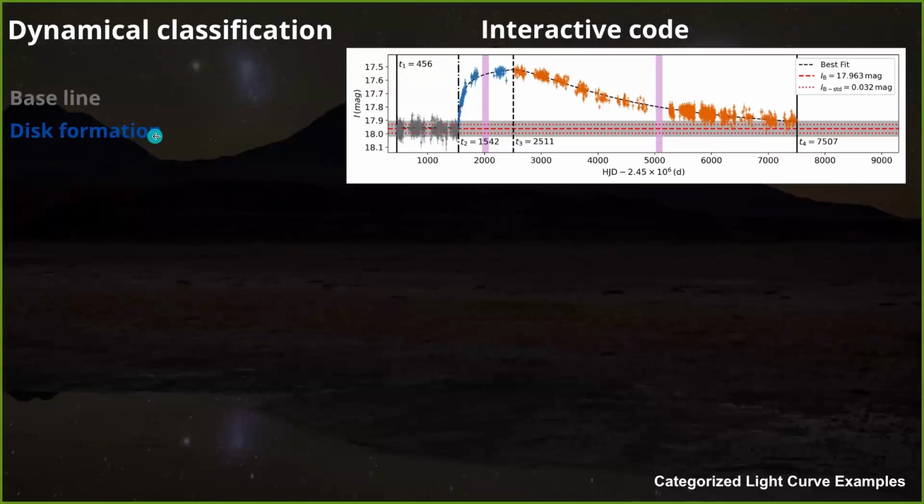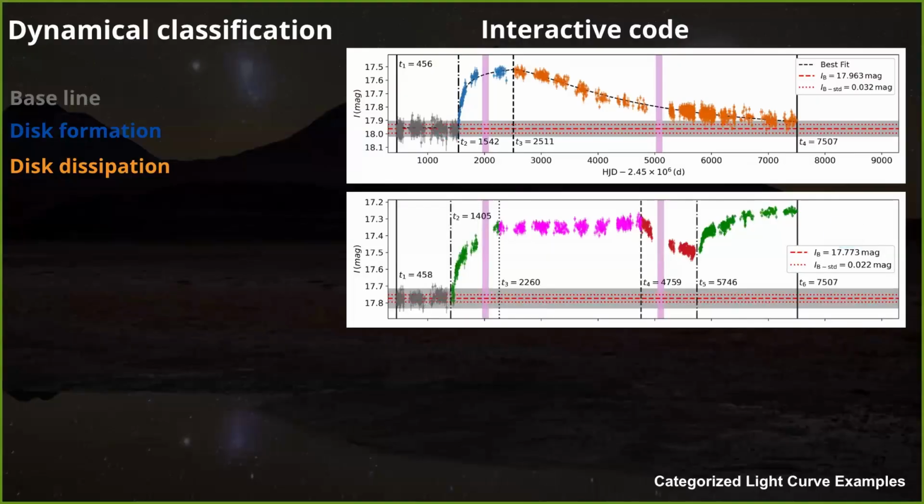Another class is disk formation, when we see the disk starts to be fed just after the baseline phase. And then the mass loss is turned off and the disk starts to dissipate. That is the best case for us, when we see a simpler behavior of turning the mass loss on and off.